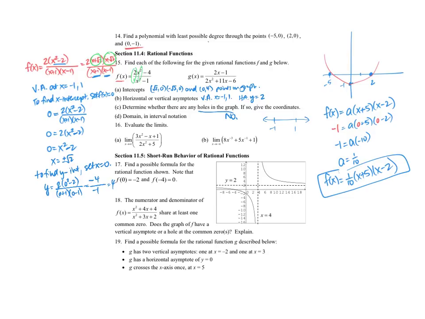So the intervals will be negative infinity to negative 1, union negative 1 to 1, union 1 to infinity. And if I were to plot this function, I can see that at negative 1 and 1, and then it's a 2, so I can plot all these asymptotes.